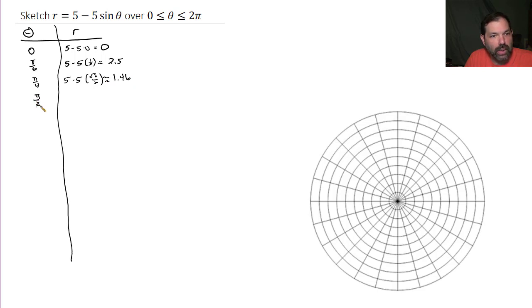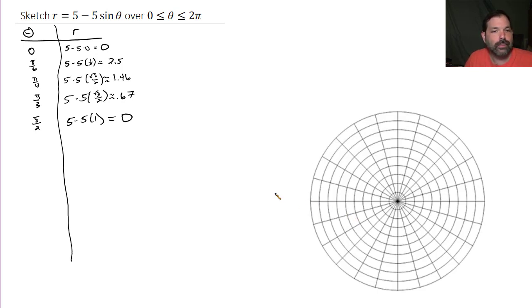Pi over 3: 5 minus 5 times the sine of pi over 3, which is root 3 over 2, is 0.67. And then at pi over 2, the sine is 1, so I'd have 5 minus 5 times 1, which is 0.